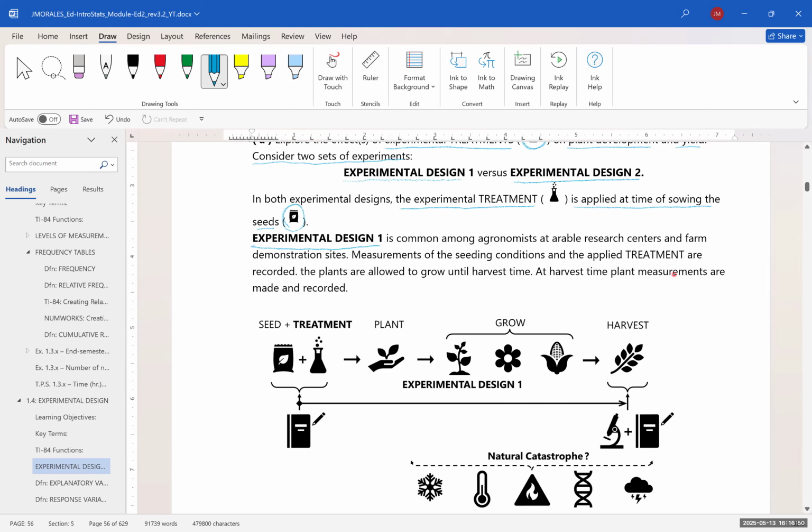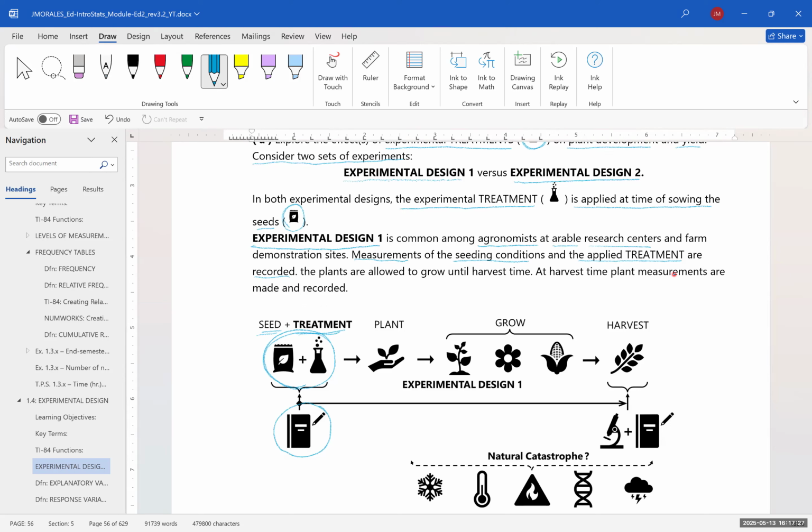So I'm using as an example an experimental design that's common among agronomists. Agronomists at arable research centers and farm demonstration sites will take measurements of seeding conditions and the applied treatments, and that's recorded. So here we've got the seed, we've got the treatment being applied at the very beginning, and that information is recorded.